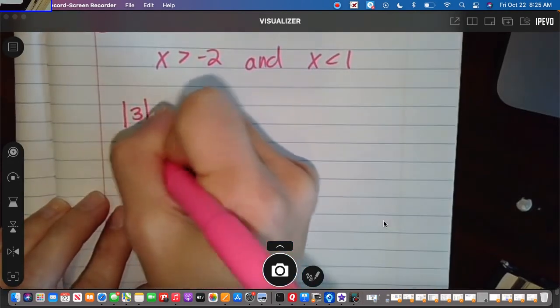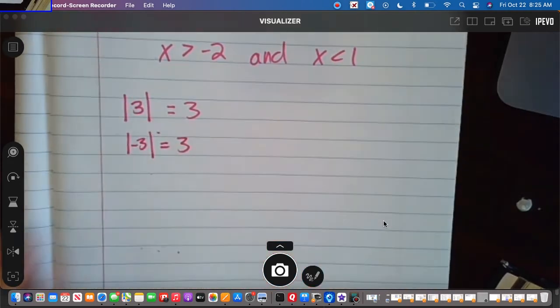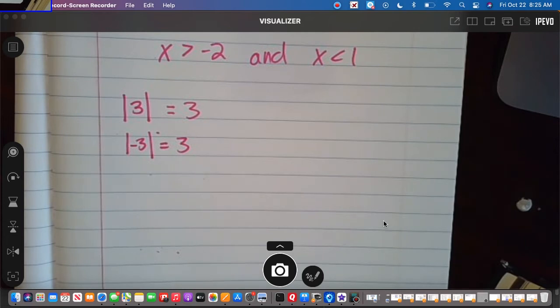If I put -3 in the absolute value bars, it also equals that number. So do you see how I can set that up 2 ways? There are always 2 answers. It's the same thing over and over again. This is probably the most commonly missed problem on the test, the absolute value one.